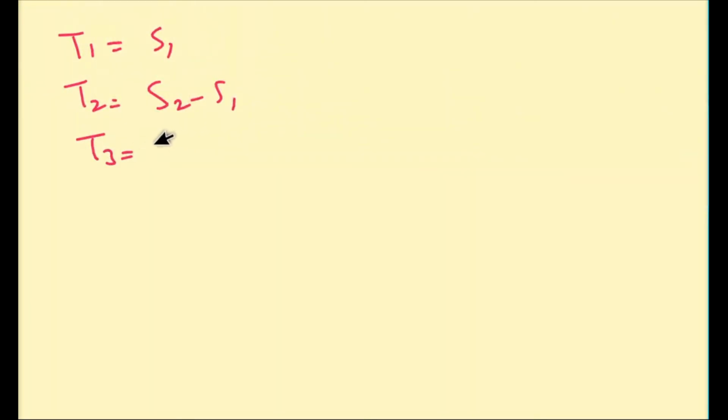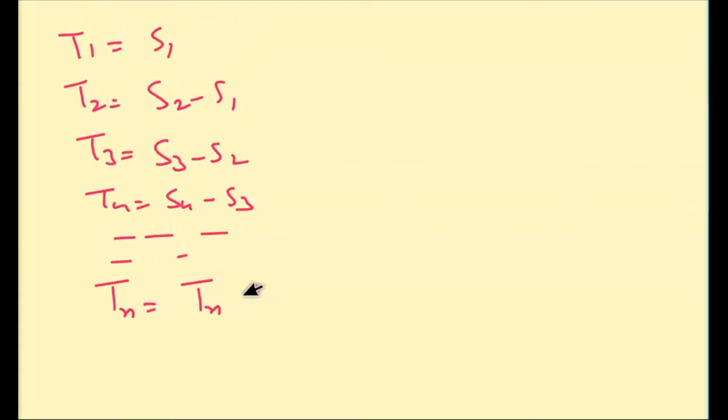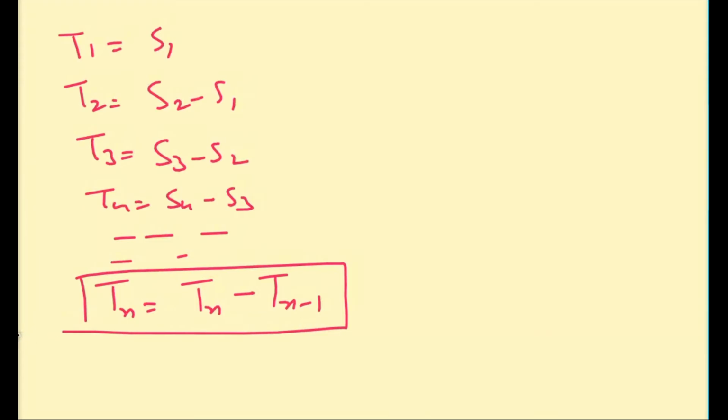T3 can be written as S3 minus S2. T4 can be written as S4 minus S3 and so on. So we can notice the formula: Tn can be obtained as Sn minus Sn minus 1. So this is another basic formula. Okay student, are you understanding?